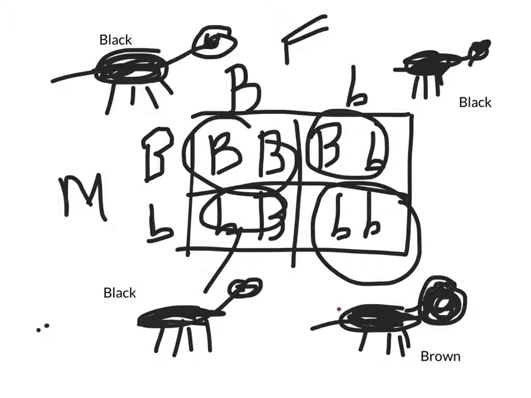Okay. Okay. So we have homozygous dominant. This. We have heterozygous dominant. Both of these. And we get homozygous recessive, these.